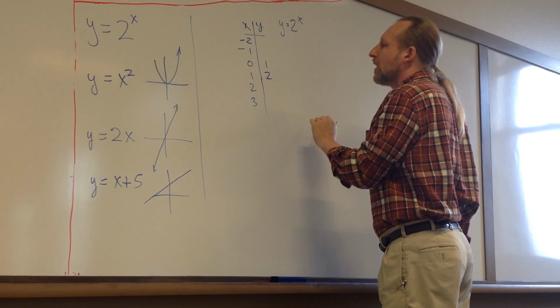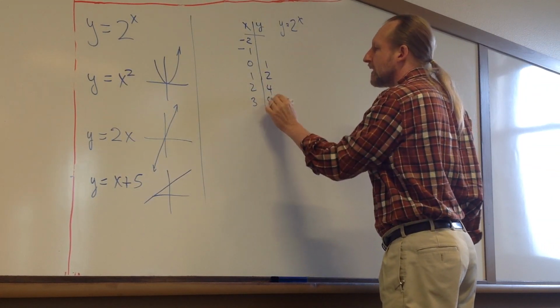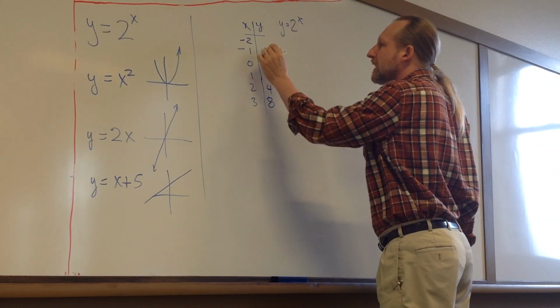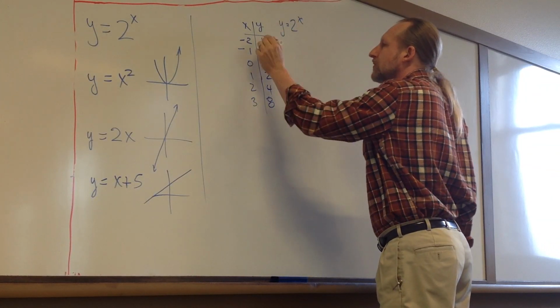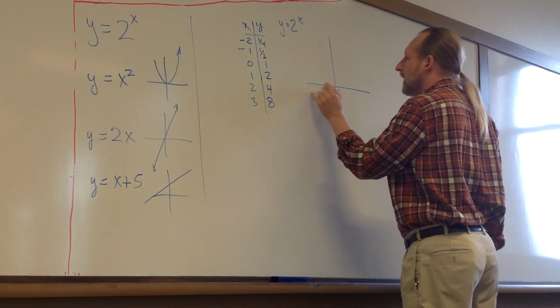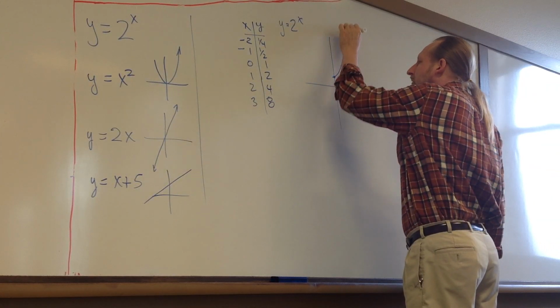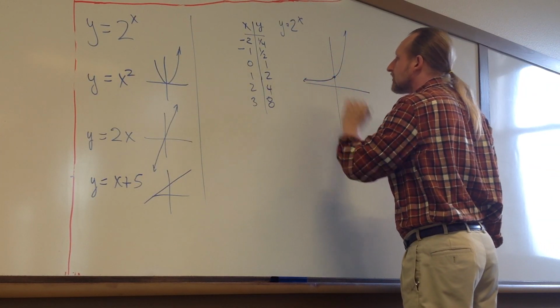When x is 1, y is 2. If x is 2, this will be 4. If x is 3, that will be 8. 2 to the negative 1 power is 1/2. 2 to the negative 2 power is 1/4. And that creates a graph. Here's the point (0, 1). And the graph looks something like this.